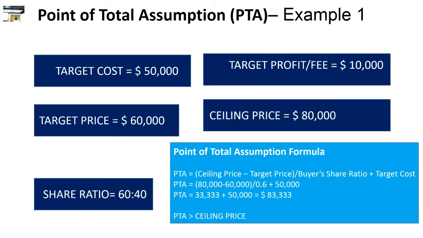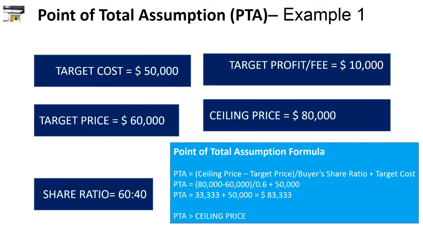Substituting the value of target cost as $50,000, target fee as $10,000, target price as $60,000, ceiling price as $80,000, and using the share ratio of 60:40, we get PTA is equal to (80,000 minus 60,000) divided by 0.6, plus 50,000.